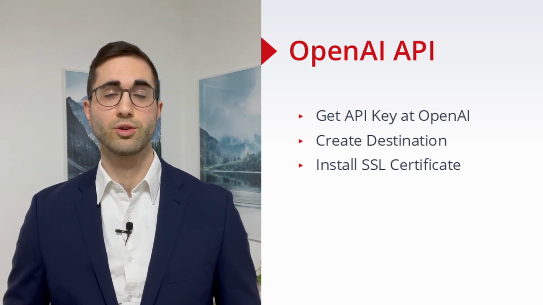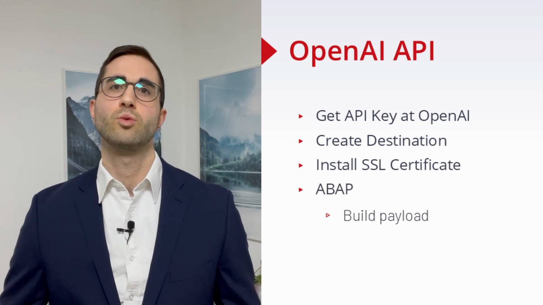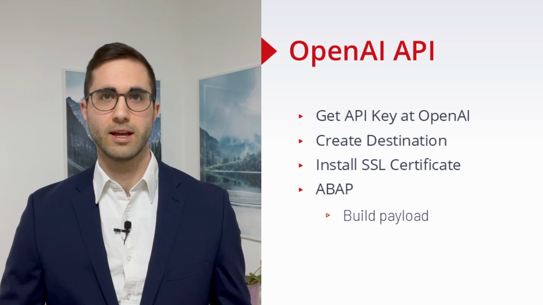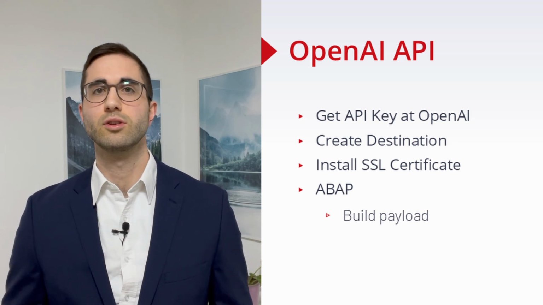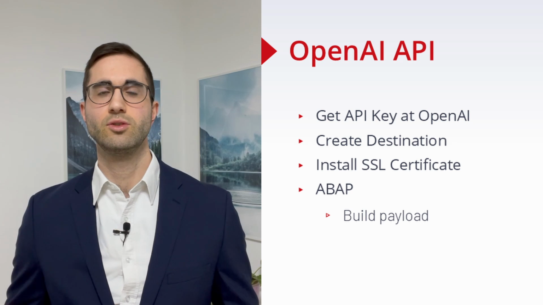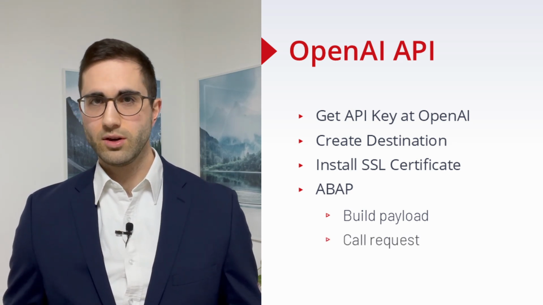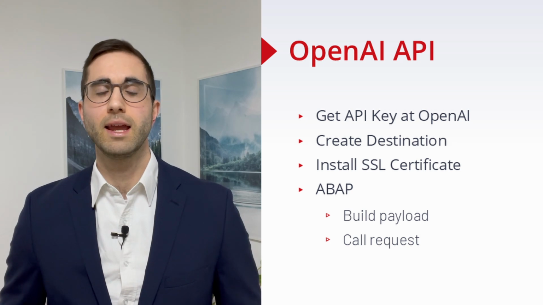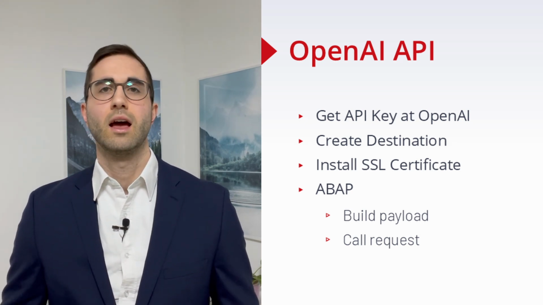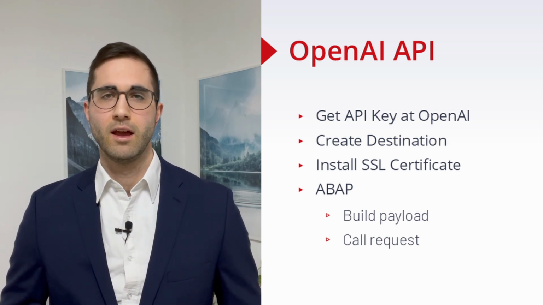Once you've done all those prerequisites, you get into ABAP, and there you first create your payload, including the prompt that you're going to ask ChatGPT. After creating the payload, you call the request with your developer API key.